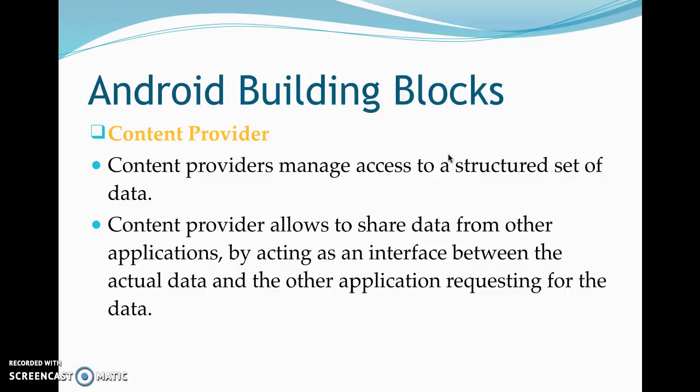WhatsApp does not have direct access to the users' contacts, but through the content provider they are able to access that data. So basically, content provider acts as an interface between the actual data and the other application requesting for the data.